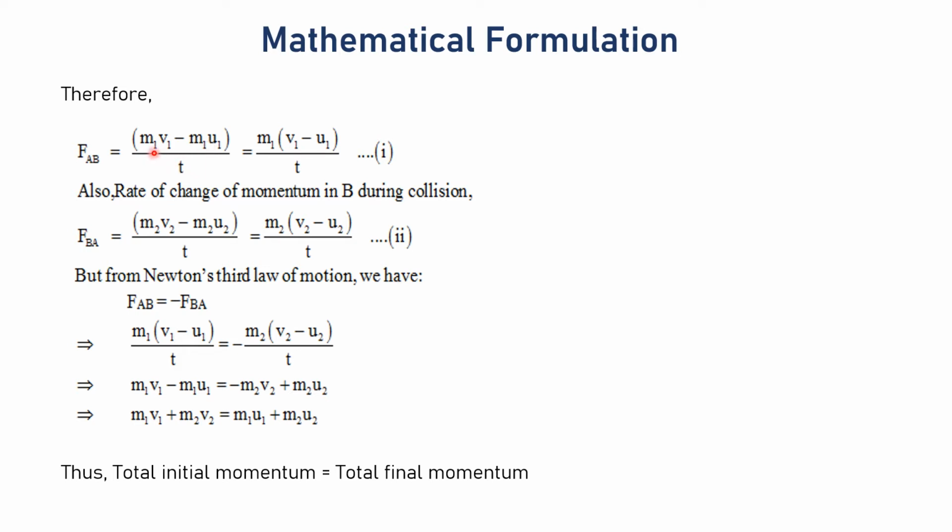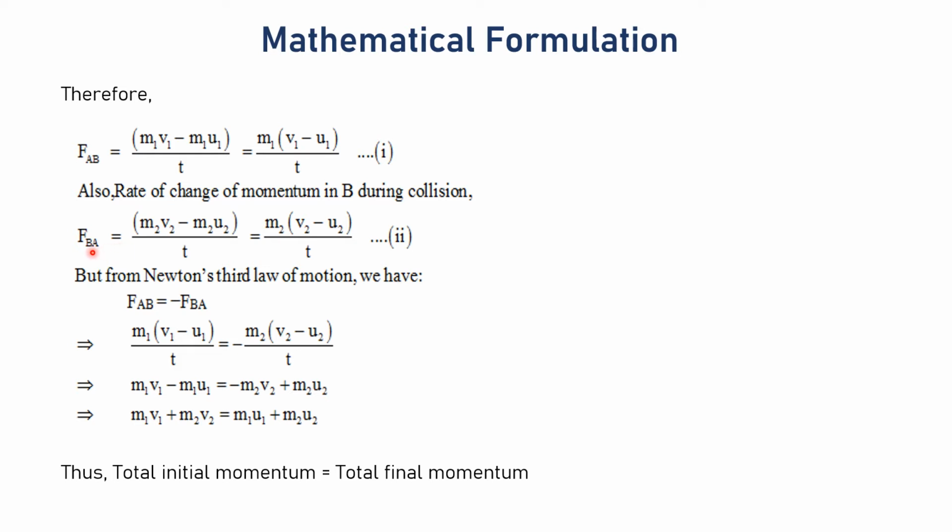Now because m1 is common, I can take it outside. The quantity we get is m1 (v1 minus u1) divided by t. Clear? Right. Now let us take the second object.